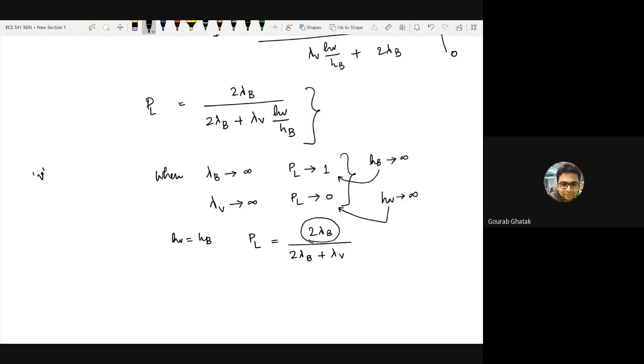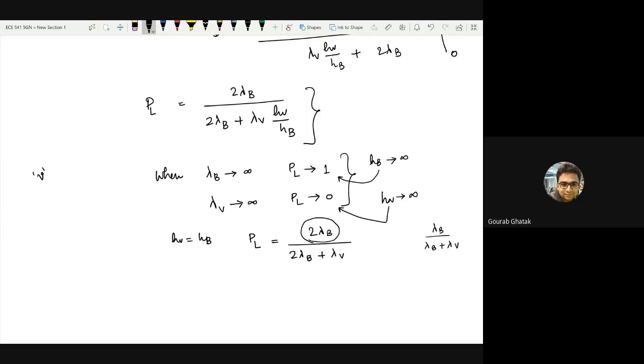Can someone try to see why this is true? I mean, why it is not lambda b by lambda b plus lambda v? Deriving the formulas for stochastic geometry is interesting, and you can always plot graphs. But it is those intermediary intuitions or inferences that you can derive from the network, or mathematical inferences, that I think make this study a bit interesting.